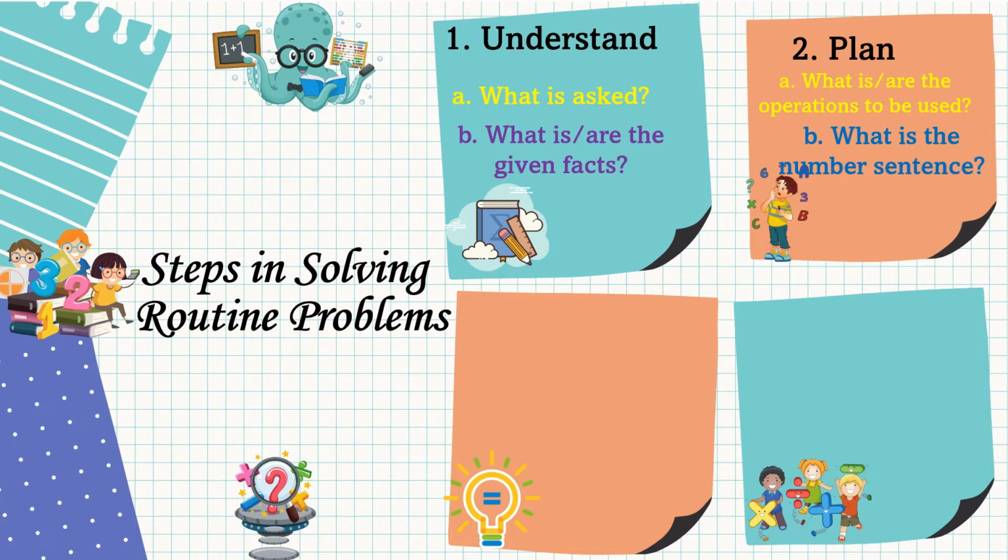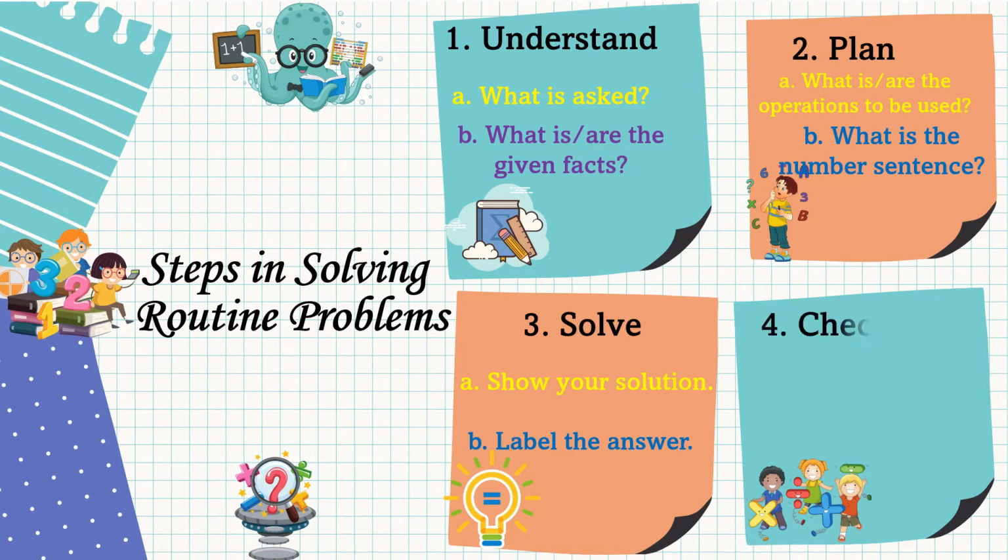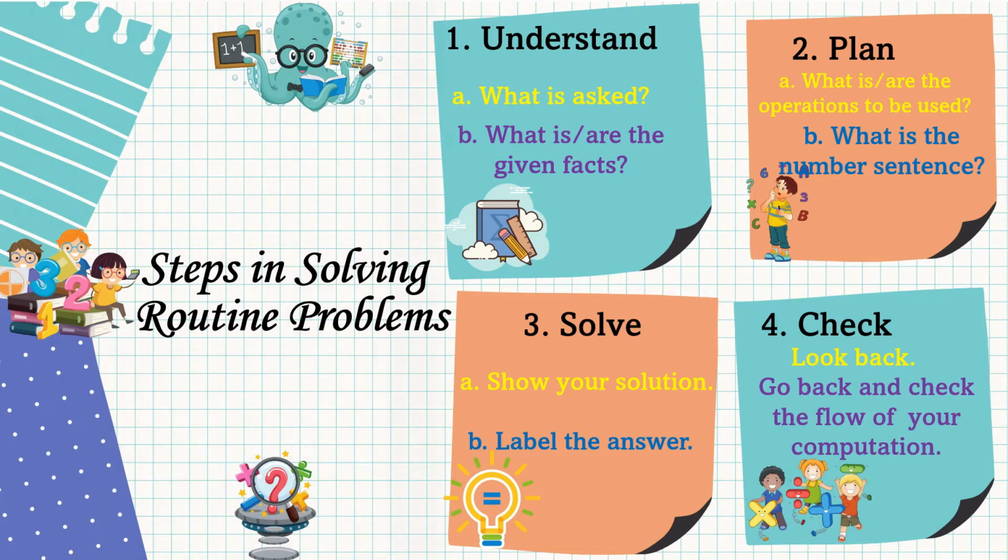The third step is to carry out the plan. Let's solve the problem. In solving, show your solution and label the final answer. Lastly, we check or look back. In checking, go back and check the flow of your computation.